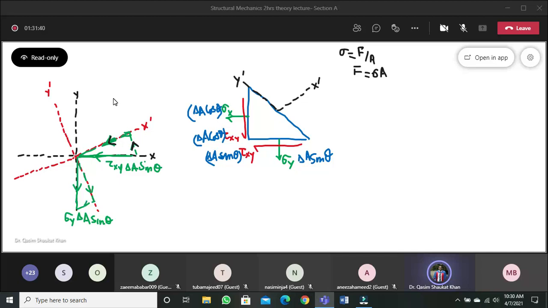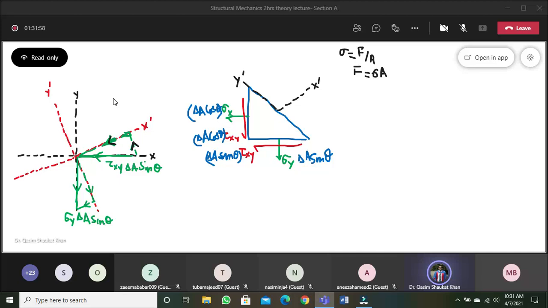Agree? If you have any issue with the arrow, please let me know. Everyone understands how I am putting these arrows?